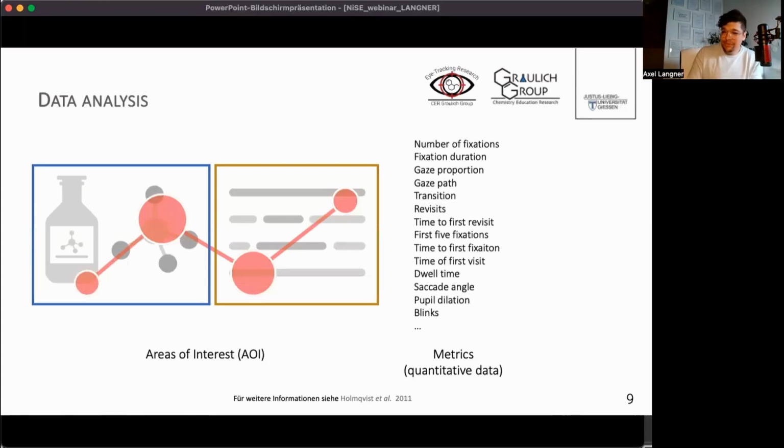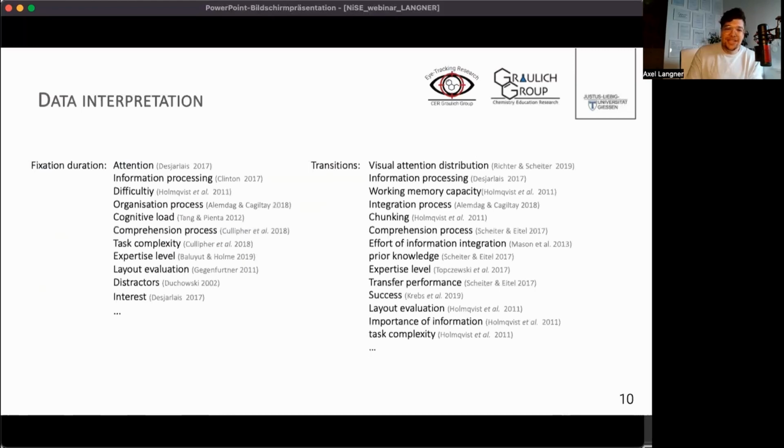And then the next step would be, you have all this data, you have all the metrics and stuff like this. You're looking up and doing research, what does this mean? For example, what does a fixation duration mean? And then you're looking at the literature and you see, okay, somebody says fixation duration indicates the attention of a person.